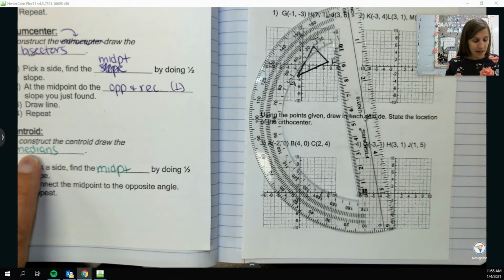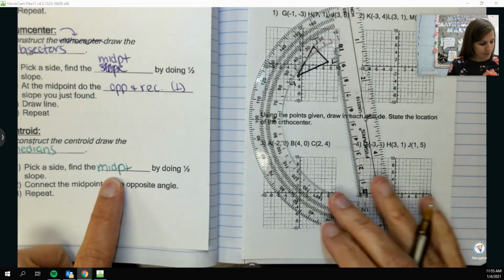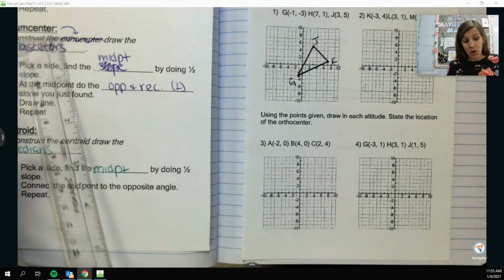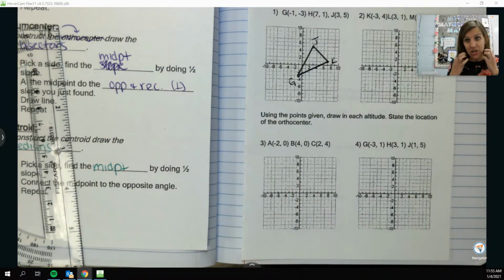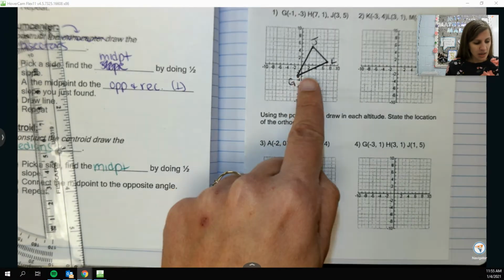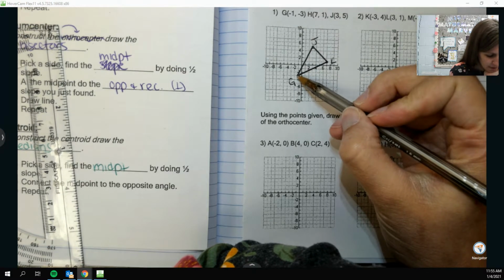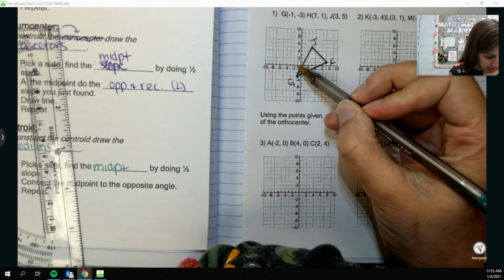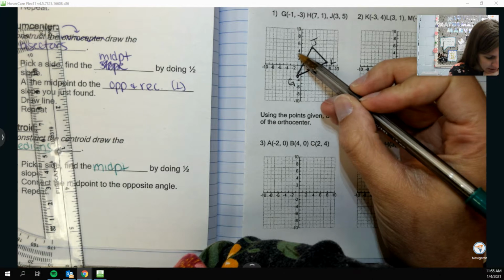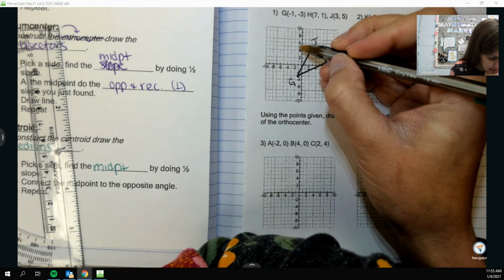So to draw the median, we need to find the midpoint by doing half slope. So I can pick any one of these lines to do that with. So maybe I'll do GJ. So if I count from G to J, I have to go up 1, 2, 3, 4, 5, 6, 7, 8.